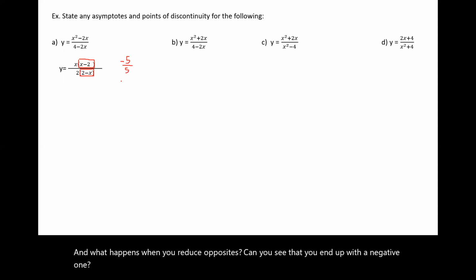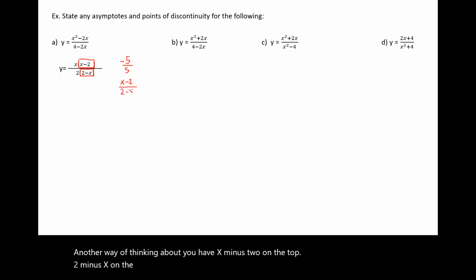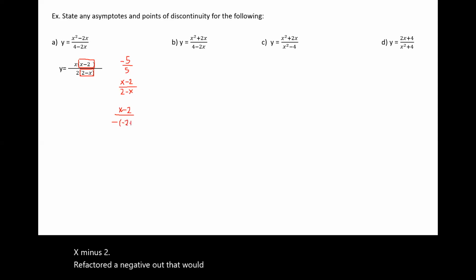Another way of thinking about it, you have x minus 2 on the top, 2 minus x on the bottom. If you were to factor a negative out, we factored a negative out, that would become negative 2 plus x.